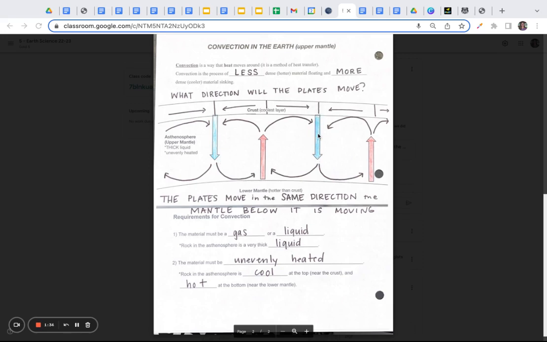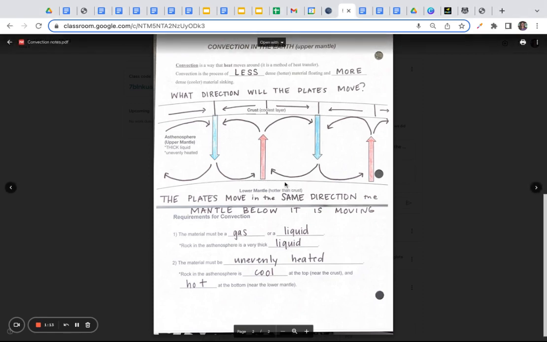When the material hits the lower mantle, which is a solid, it has nowhere else to go, so it gets pushed to each side until it gets heated again and then it rises. Similarly, it hits the crust, which is a solid. It can't go anywhere, so it gets pushed to each side as well until it cools down enough and starts to sink. It doesn't cool immediately. That's why it takes some time to create this cycle.